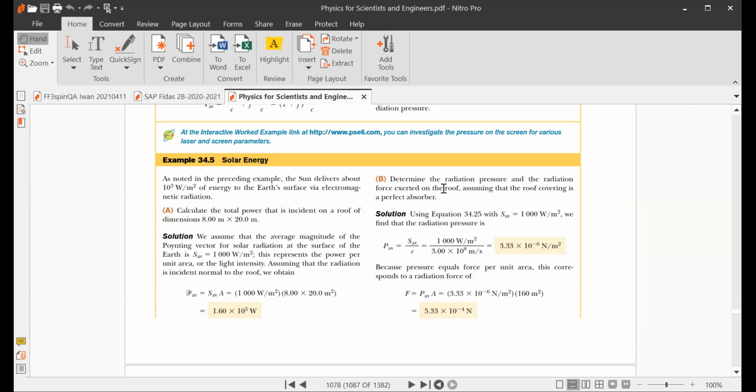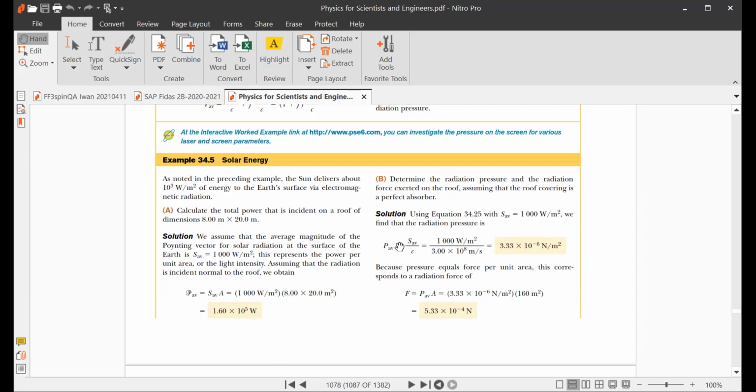And B, also determine the radiation pressure and the radiation force exerted on the roof. Assume that the roof covering is a perfect absorber. Okay, we have this S average, 1,000 watt per meter squared.